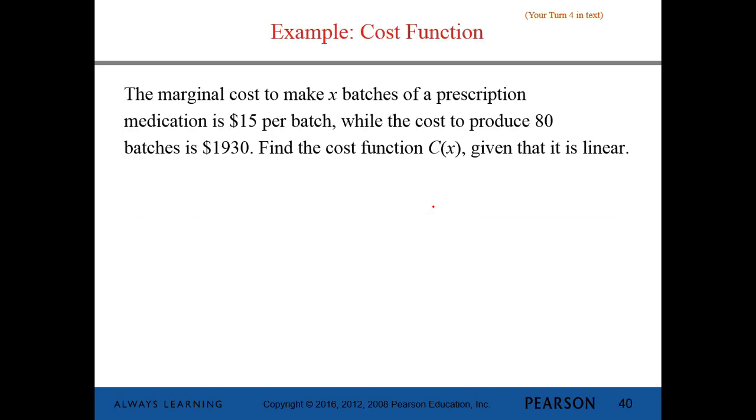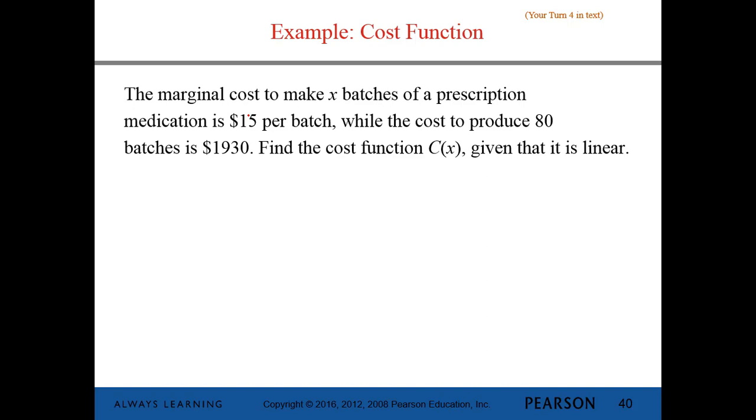So let's look at an example of this. The marginal cost, okay, they're telling us the marginal cost to make X batches of a prescription medication, whatever it is, Zoloft, pick your poison, okay? Let's say it's $15 per batch.